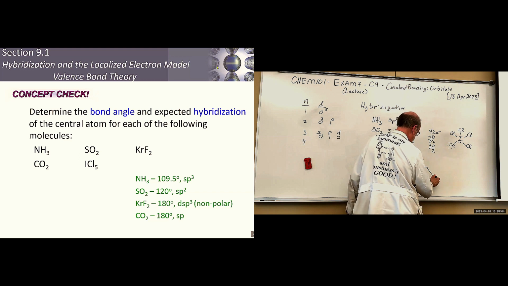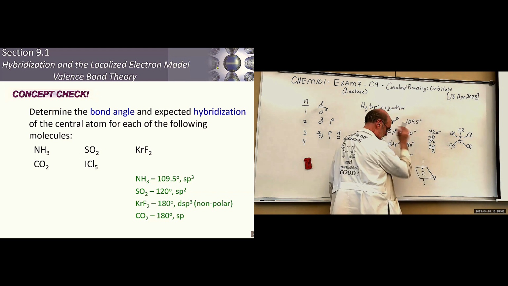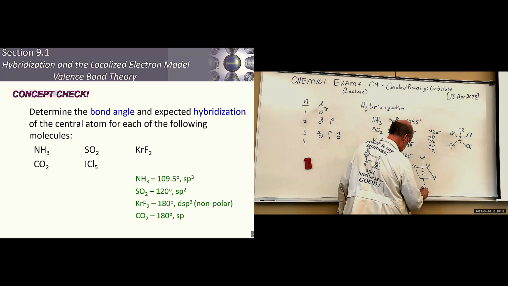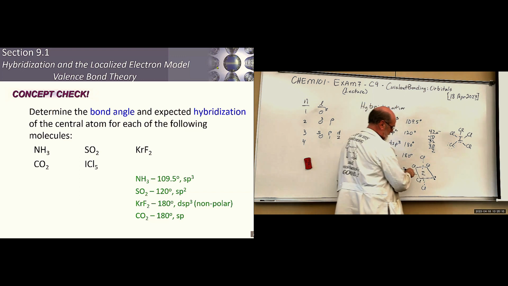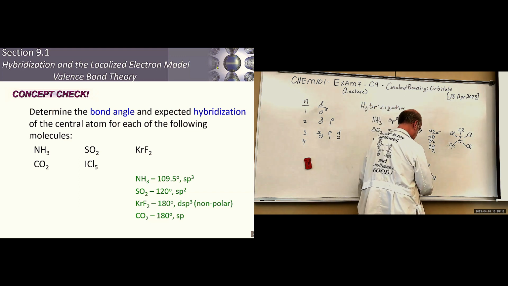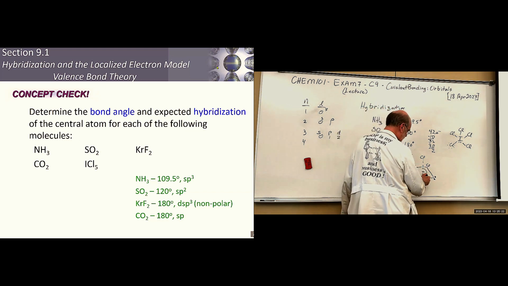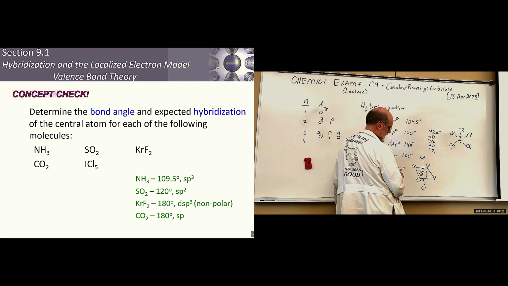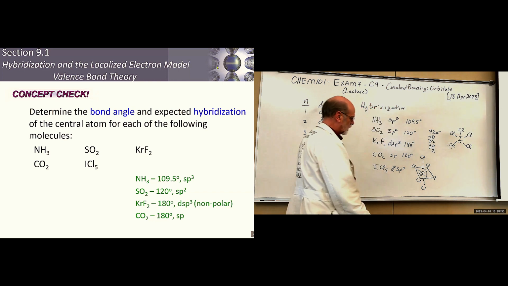We got a lone pair out here. And the rest of them are filled by fluorines, 1, 2, 3, 4, 5. That means that the bond angles will be 180 and 90 degrees. And that's it. 90 and 180.